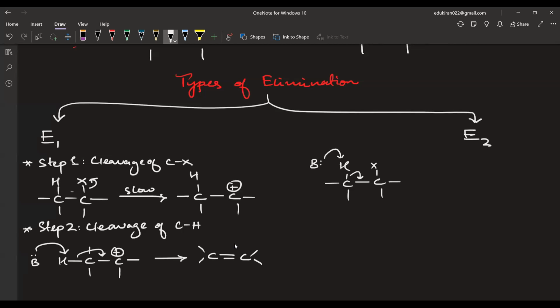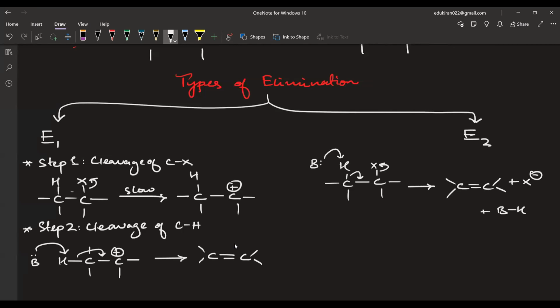Now, if the CH bond is going to break and form a pi bond, this carbon atom should also break a bond, because it cannot have the valency of 5. And at the end, you will get a carbon-carbon double bond. Plus X will leave as X negative, and the base will get the hydrogen like this.